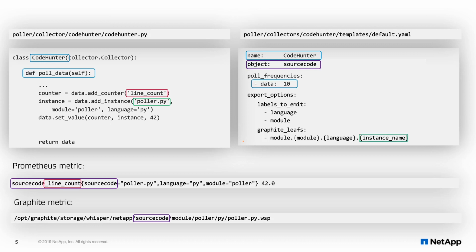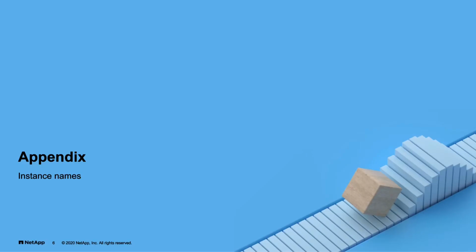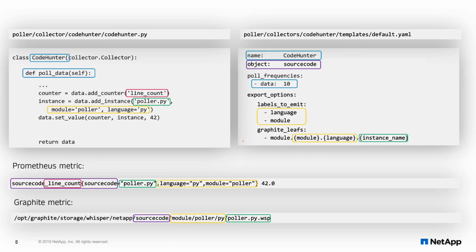Then you have the instance name, which is in curly brackets in the graphite leaf. You can use it, and the curly brackets mean this is a variable or a label. This is also used by the Prometheus exporter. Finally, you have the labels. Those are labels in Prometheus, and they can be used in the metric path in Graphite. And I think that's all.